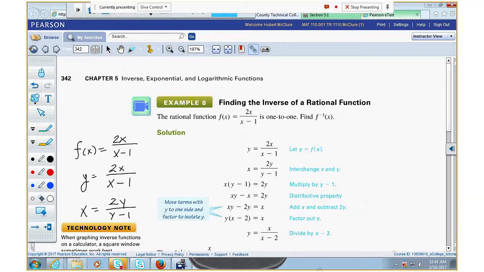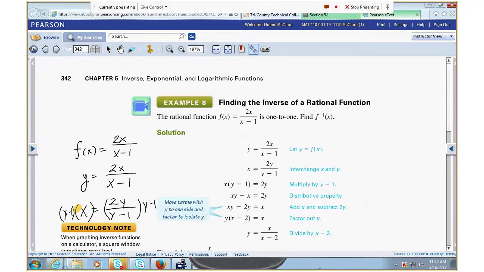Now the first thing I'm going to do is multiply both sides by y minus 1, right? And that's going to give me x times y minus 1 is equal to 2y.